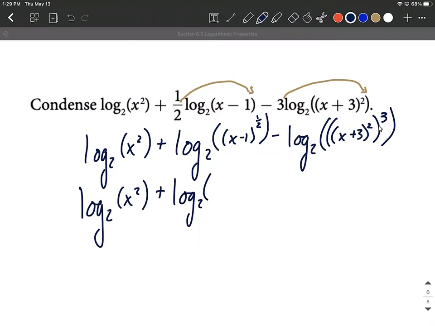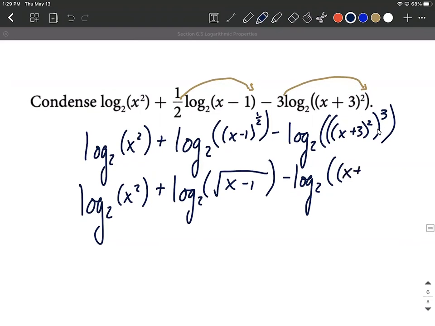I'm going to replace this with the square root of x minus 1, minus log base 2. Now to combine this together, we have something raised to an exponent, and all of that's raised to another exponent. So to combine these exponents together, get a little bit cleaner answer, we're going to multiply those together. So we have x plus 3 from the inside of the parentheses. 2 times 3 is going to make 6 on the outside.